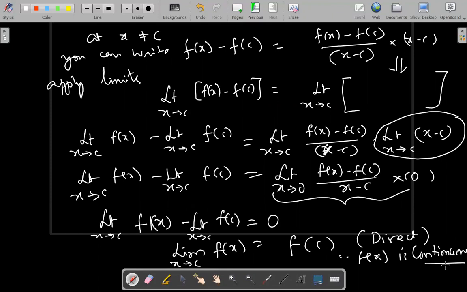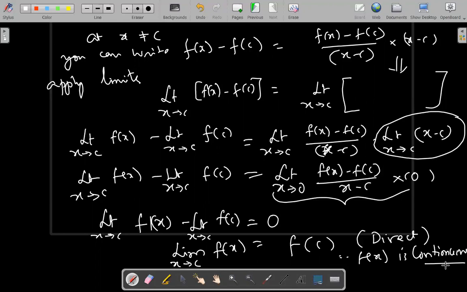So he considered the left hand limit, you will get a -1 value. Right hand limit, you will get a plus 1. So both left hand and right hand limits at 0 are not equal. Therefore, the differentiation doesn't exist, and hence f is not differentiable at 0. Thus, f is not a differentiable function.